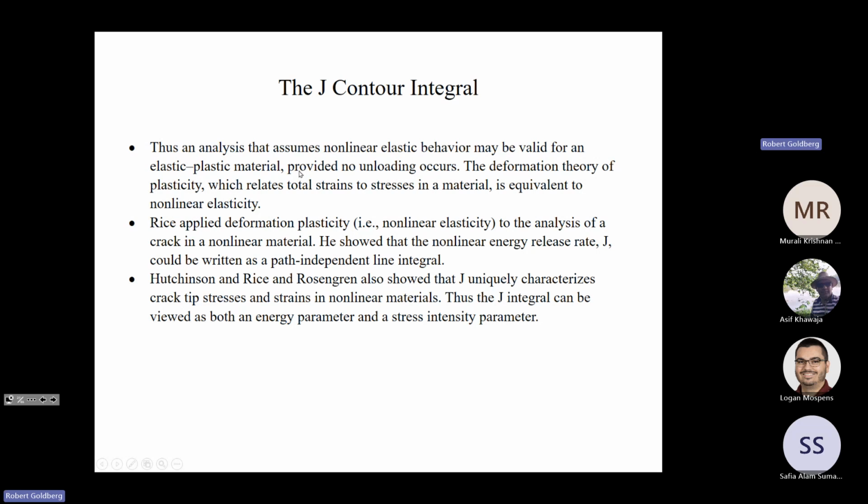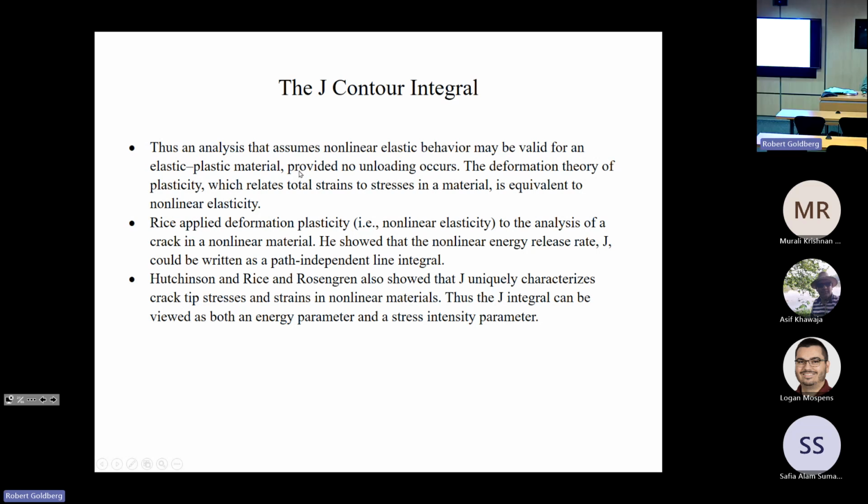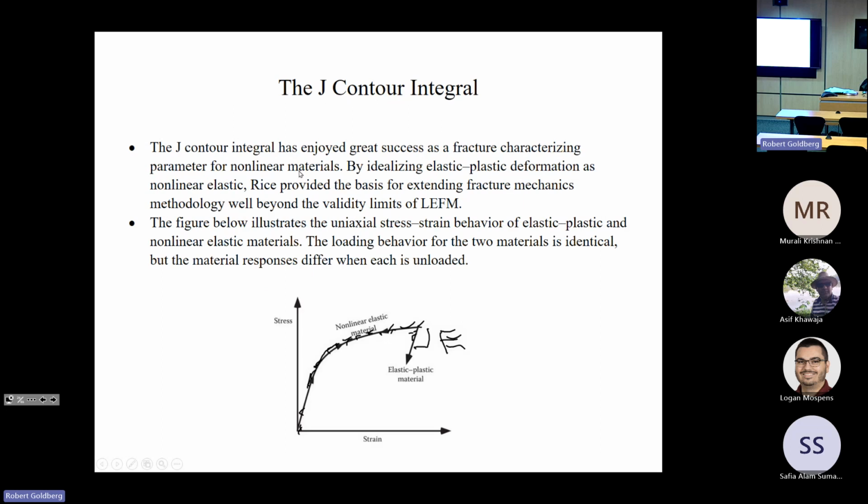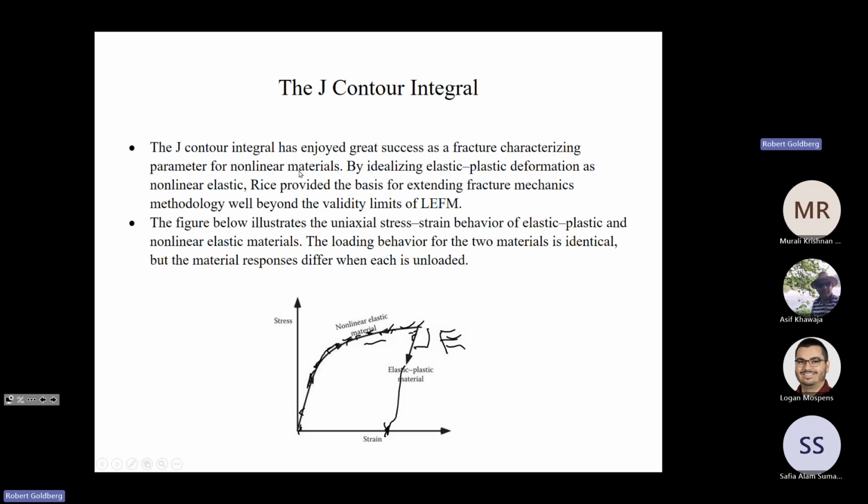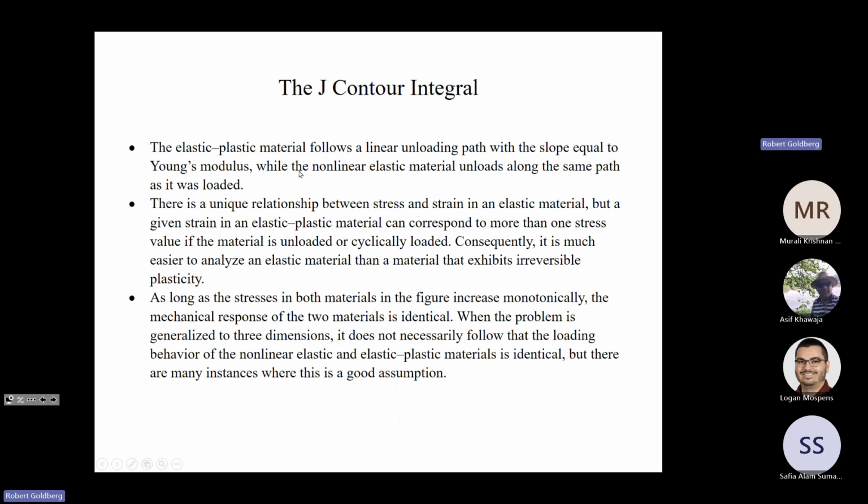So assuming a nonlinear elastic material is okay, but you can't account for any unloading, because if you unload a real plastic material, it'll unload plastically until you get to here, where a nonlinear elastic material would assume that you just follow your loading path down. So if all you're doing is applying loading and no unloading, this assumption's okay.